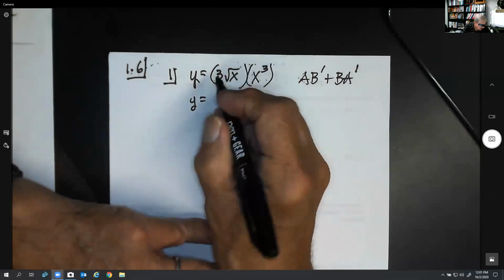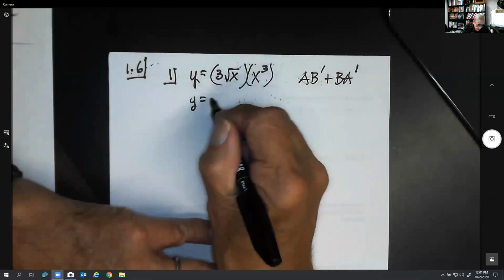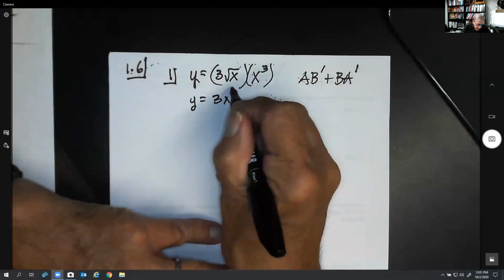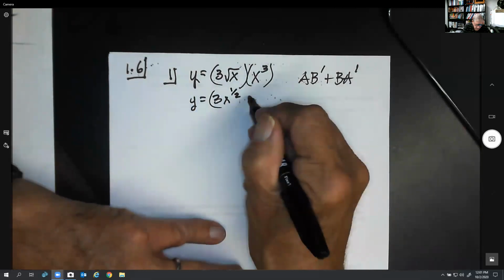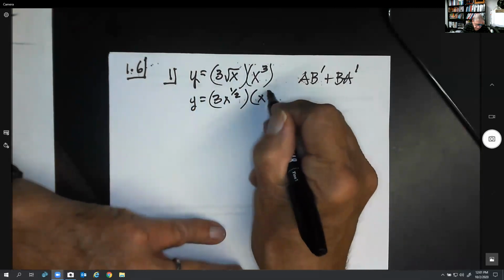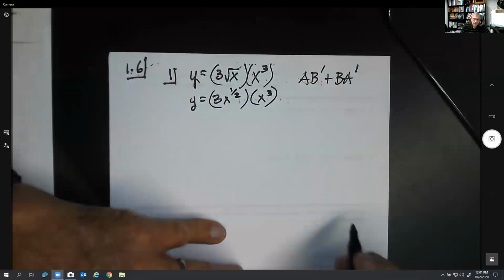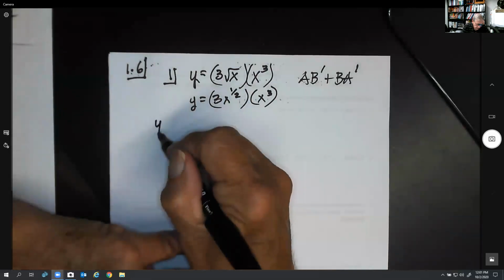This would be 3x to the 1/2 times x cubed. Okay, so we're going to find our first derivative.